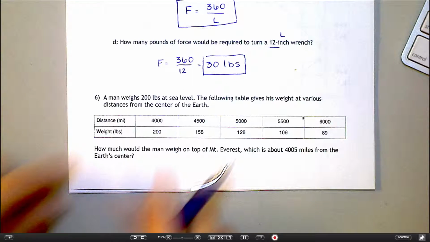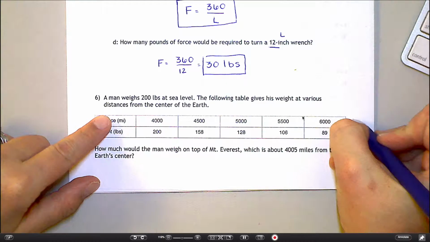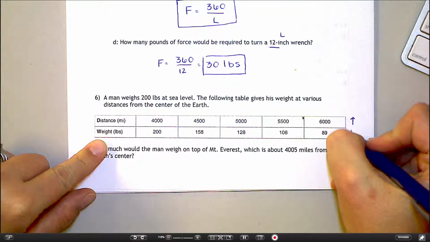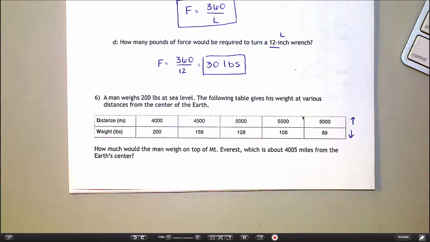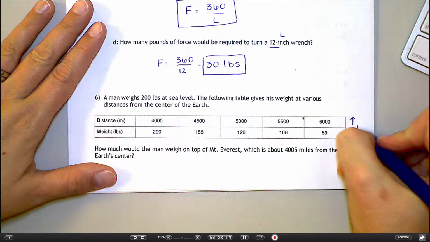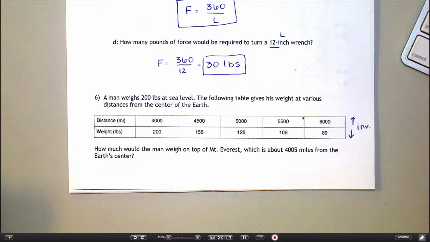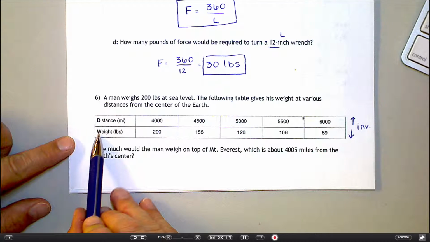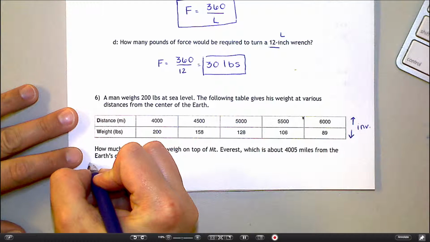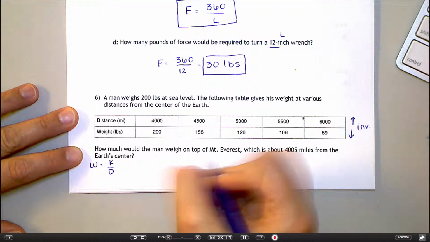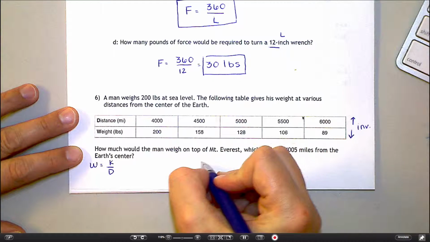Because my top row is increasing, my numbers are getting bigger, and my bottom numbers are decreasing. When you've got that opposite relationship, this tells me I have inverse variation. So again, it's either going to be W equals K over D, or W equals K over D squared.